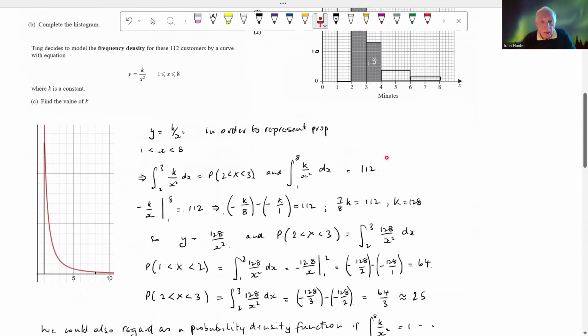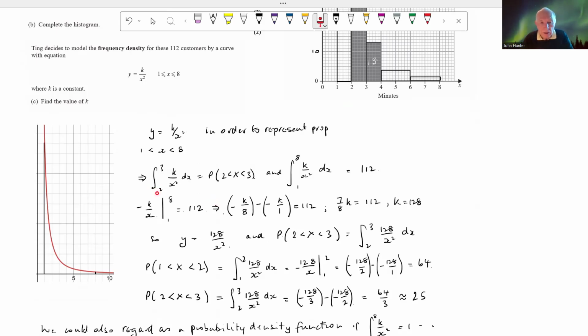So we're looking at it as a continuous function, and in order to find the number of customers in some particular queuing time interval, we've got to integrate.